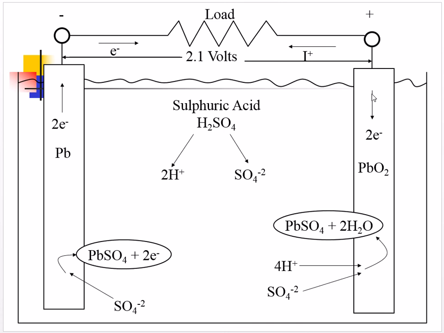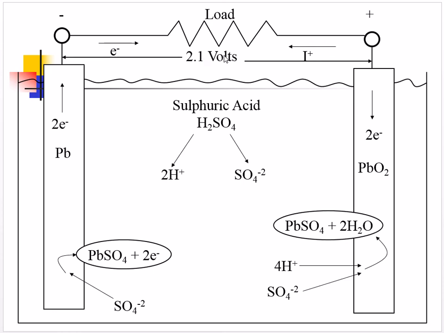And I've got this picture to help us understand. Of course, in the real battery, the negative and the positive plates are very close together, but I've got the negative plate represented here and the positive plate represented here, and the voltage across one cell will be 2.1 volts.